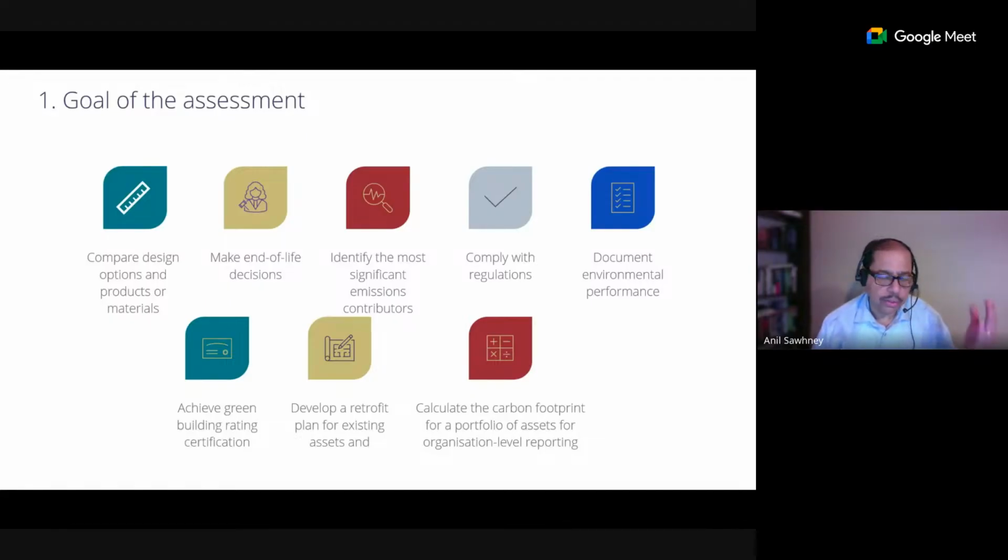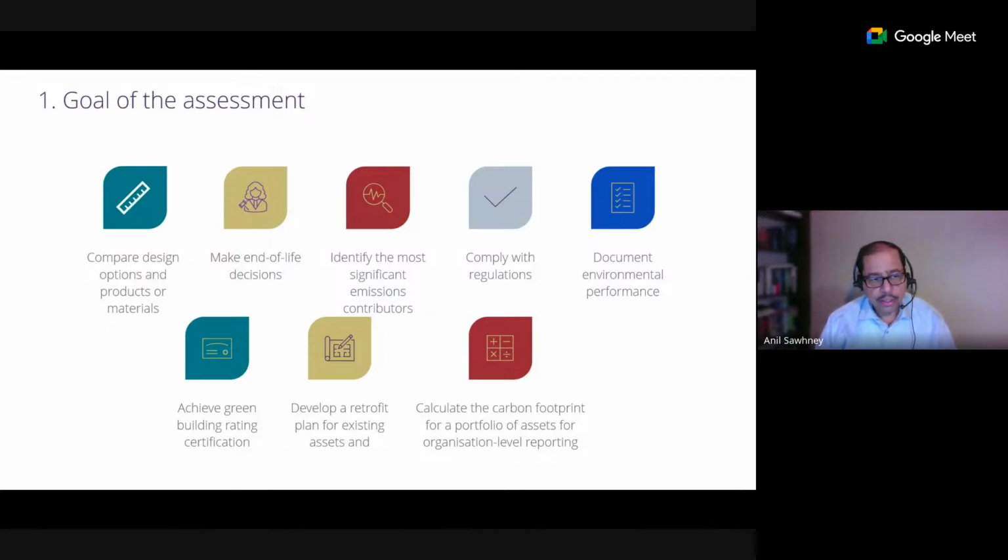As you just saw, New York Local Law 97, you need to do WLCA. Greater London Authority, GLA, if you want to do a new build, you want to get a planning application approved, you have to submit a WLCA. So your assessment goal could be any of these, or a combination of these.